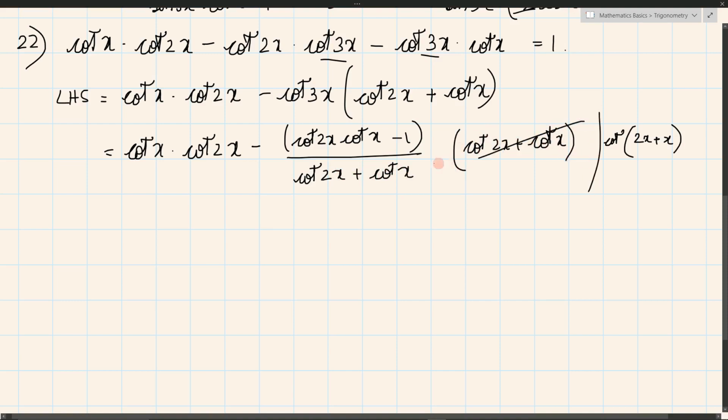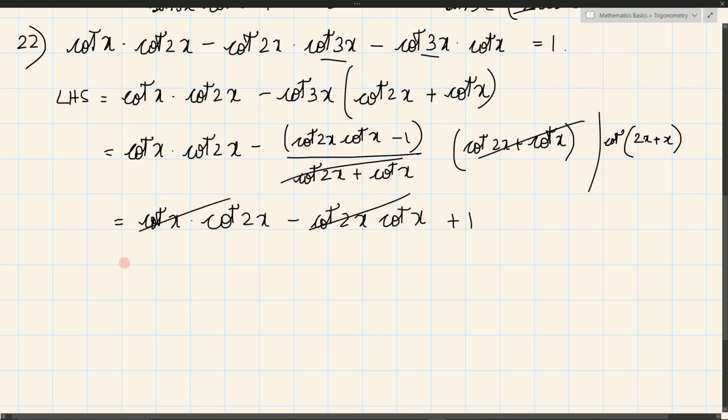So this term will be cancelled. So the remaining terms are cot x into cot 2x minus cot 2x into cot x minus into minus plus 1. These terms are again cancelled. Remaining term is 1.